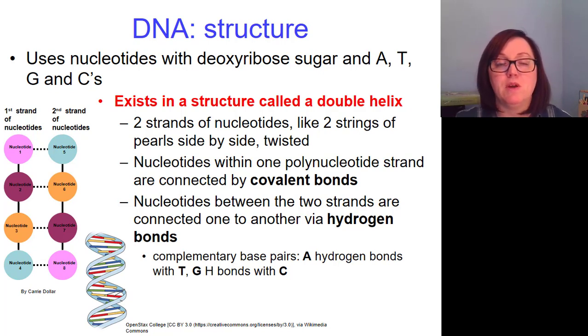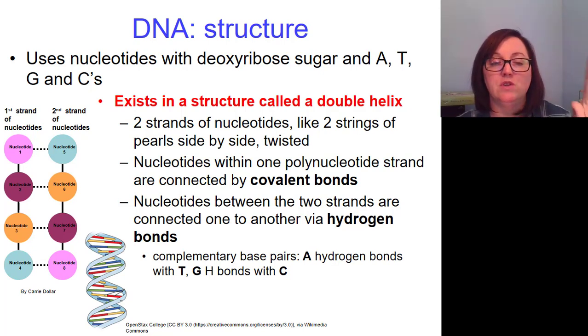That means we have two strands of nucleotides side by side, and then they're twisted in a helix, kind of like two strings of pearls side by side, twisted. On the left-hand side of the screen, you can see a flat version of this, but down towards the bottom, you can see the helical nature of DNA.